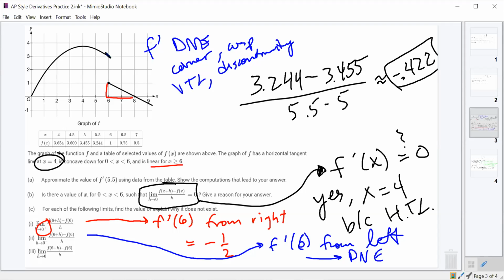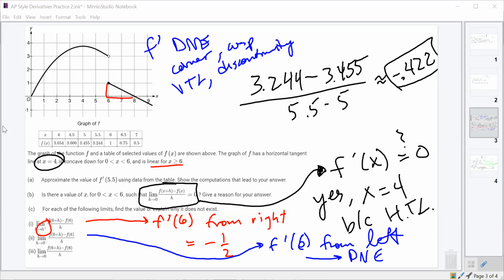And it's not because of the limit. We can still evaluate the limit as x approaches 6 from the left of f of x, but that's not the same as the derivative from the left. The derivative still has to have a defined point right there to have a tangent line that has a slope there. Does that make sense? Yeah.